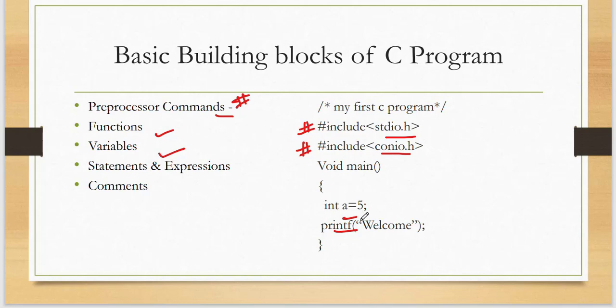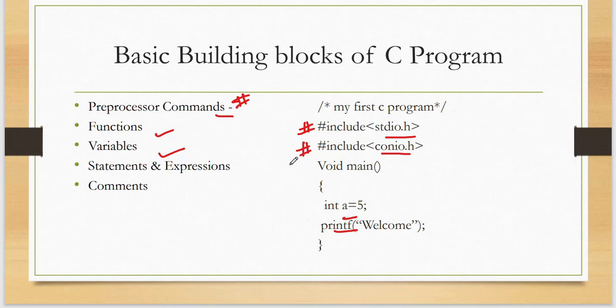If I want to calculate C equal to A plus B, A is a variable, B is a variable, and C is also a variable. Whenever the input comes, I assign the value to the variable and do the manipulation.